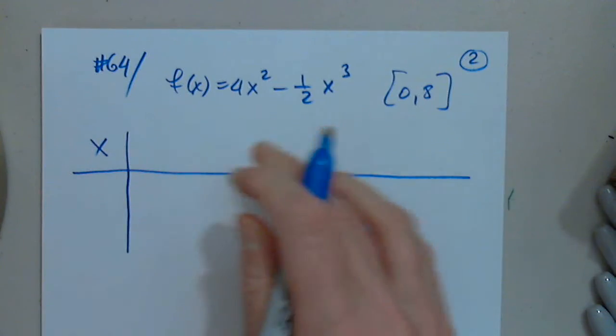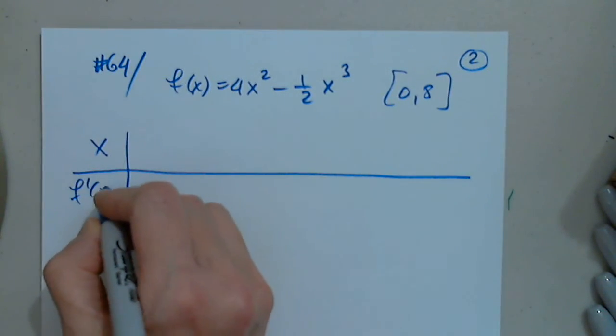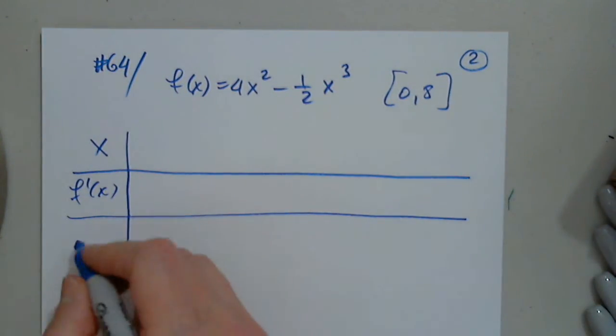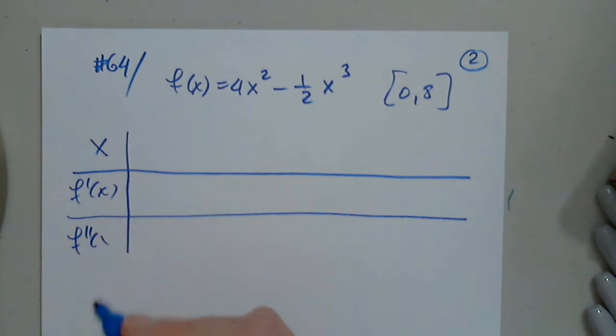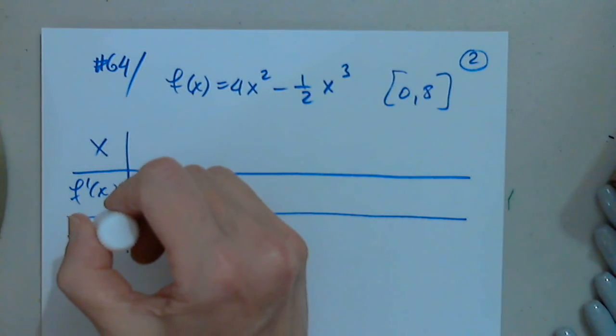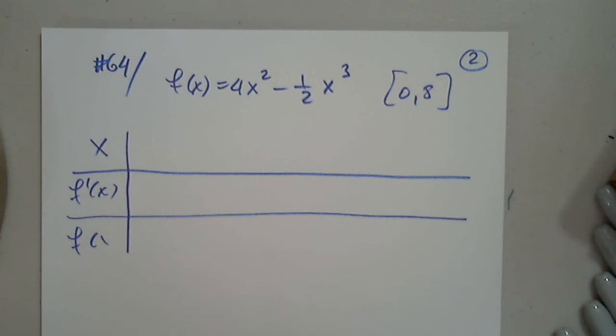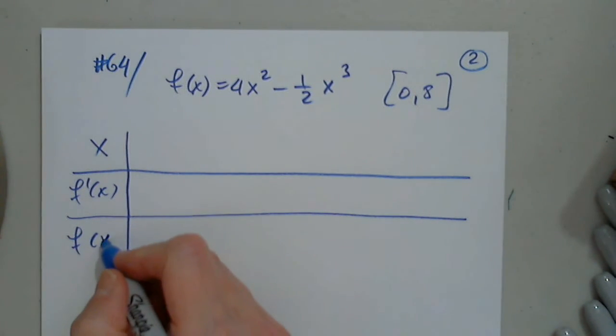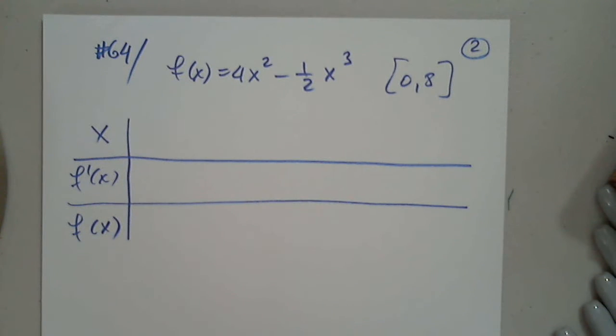So first of all, I'll get my table going. For something like this, just for the absolute max and min, I do not need the second derivative. One of you determined the maximum or the minimum using the second derivative. Way too much work. Brilliant, but way too much work.